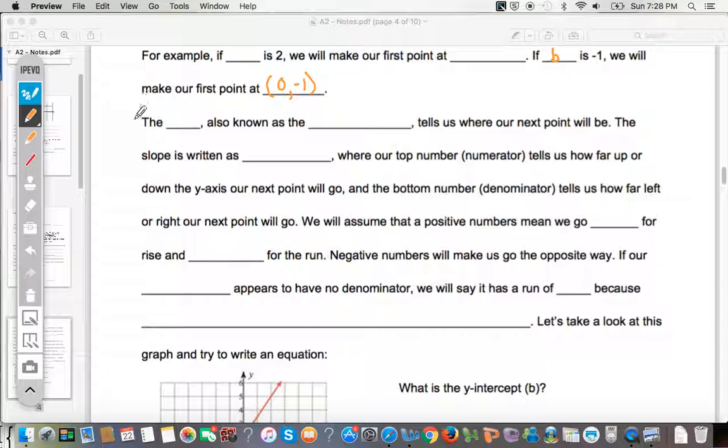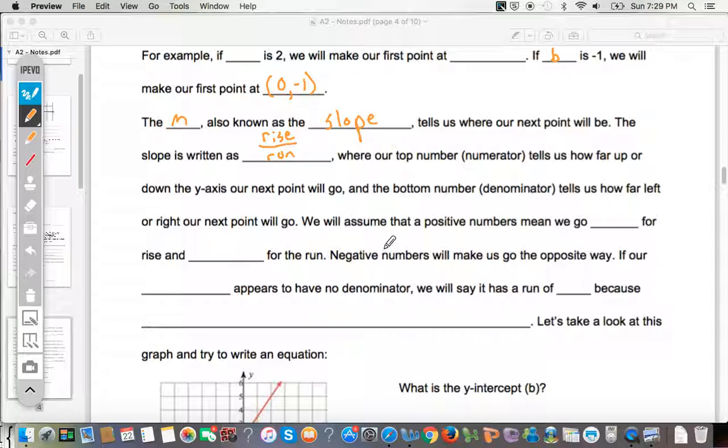The m, also known as the slope, tells us where our next point will be. The slope is written as rise over run. You'll hear that term a lot as we go through this.